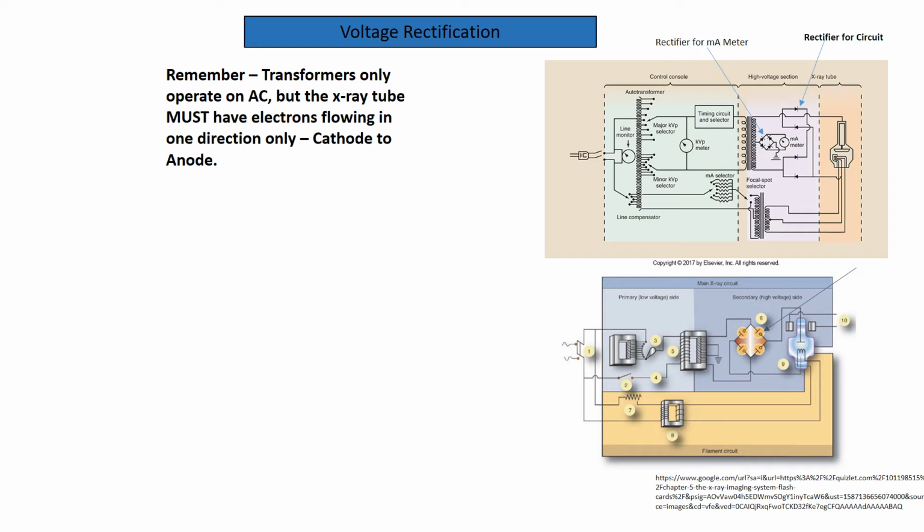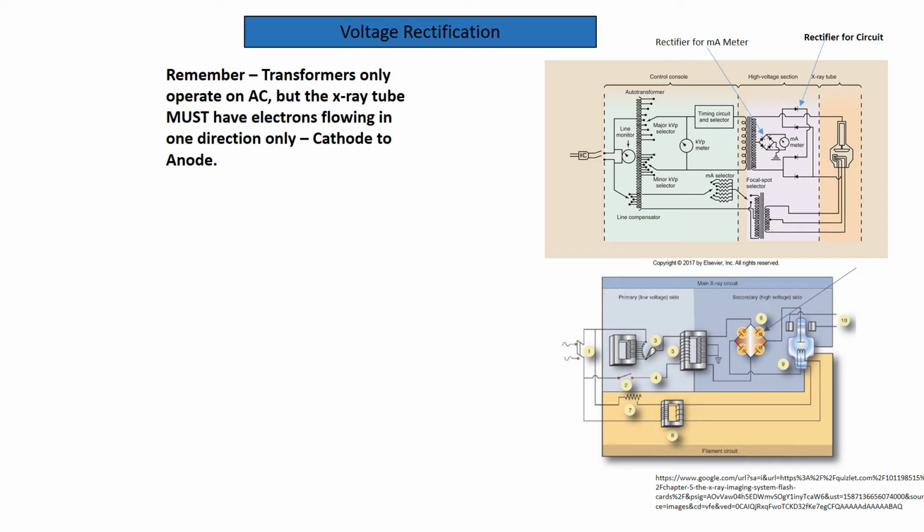I point out on the Bouchon drawing at the top, two rectifiers. There is a rectifier that I've identified, rectifier for MA meter. Now remember, your MA meter is always found in the middle of the secondary winding of the step-up transformer. In this case, Bouchon has connected that meter to a rectifier. That's with the little arrows and lines, and it's in the shape of a diamond.